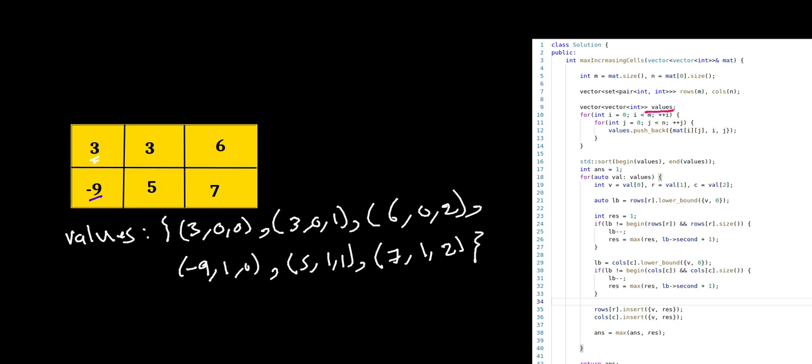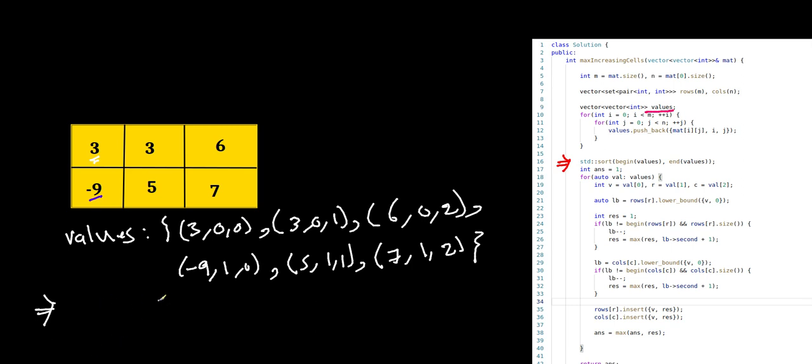And as we said, we need to find the solution for cells with the lowest value, then move to the cell with greater value. To do that, we sort this values vector based on the values.